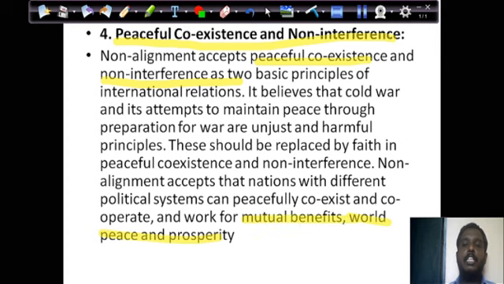So this is based on peaceful coexistence, non-interference, and working for mutual benefit, world peace and prosperity, not for war, unjust and harmful principles.